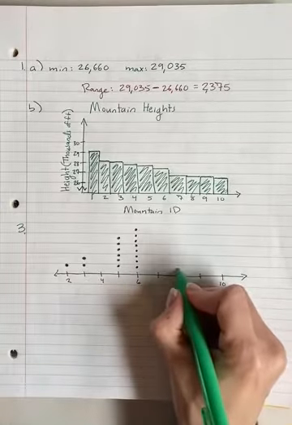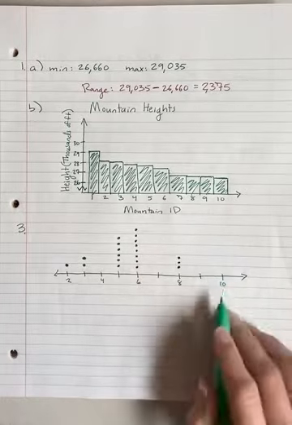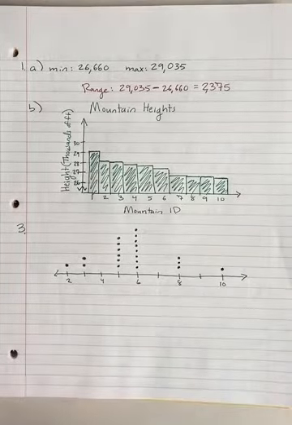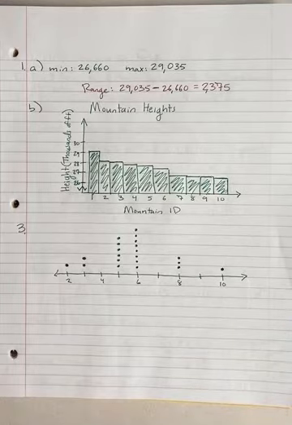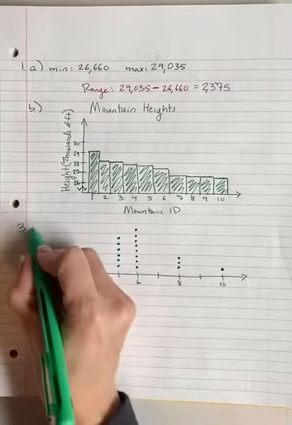So above the 8, we're going to do 3 dots. 1, 2, 3. And it says there was 1 student who completed it in 10 minutes. So above the 10, we'll put 1 dot. Okay? So that's how you create a dot plot of that data.